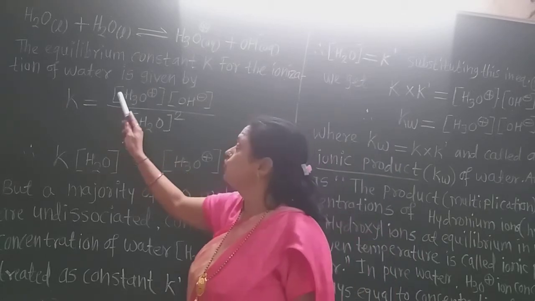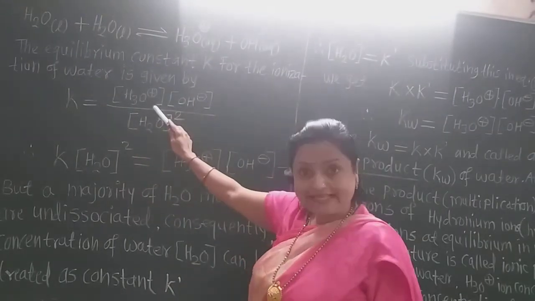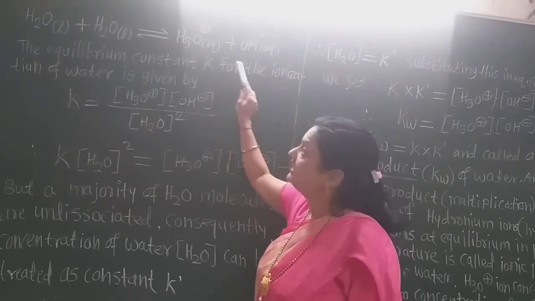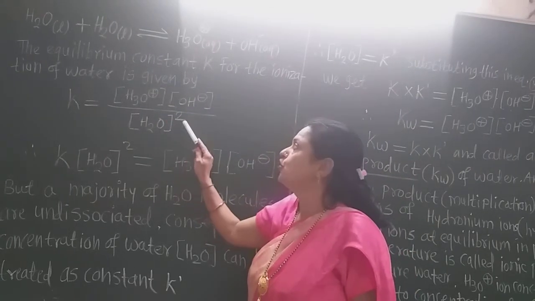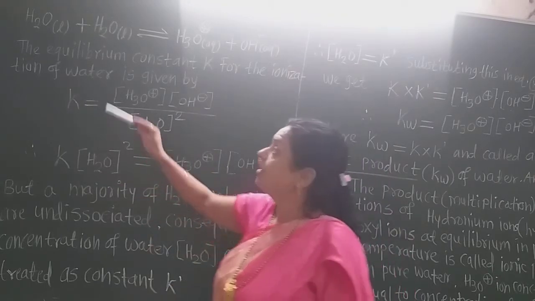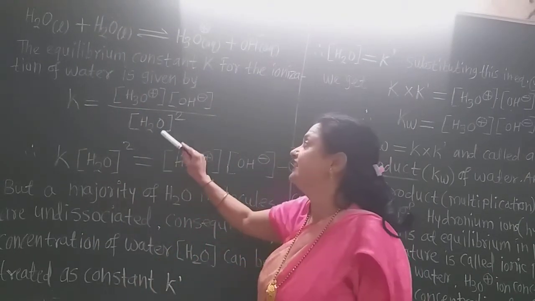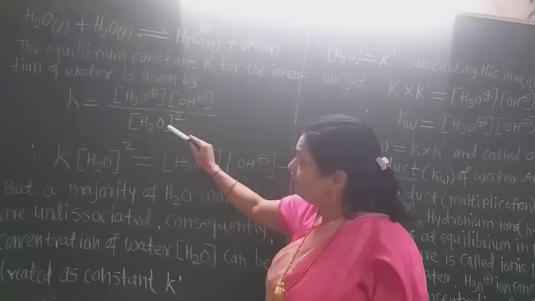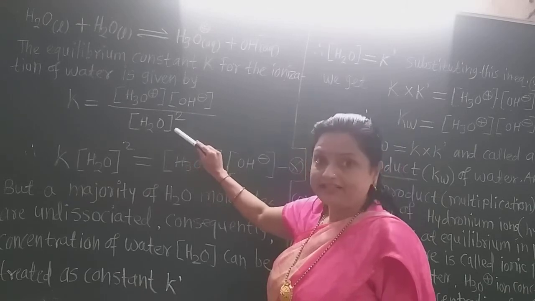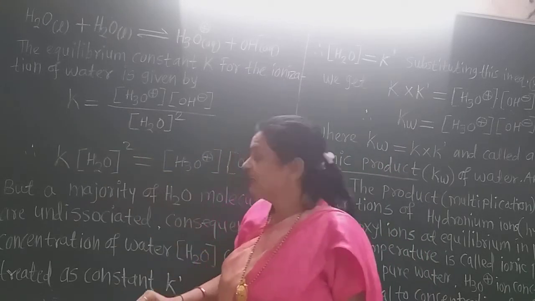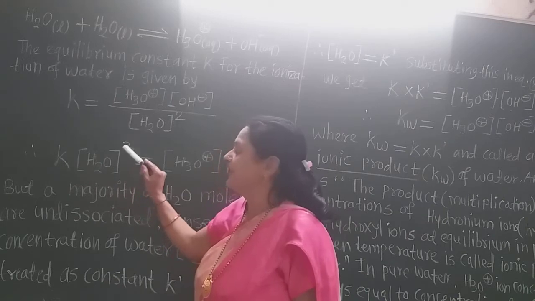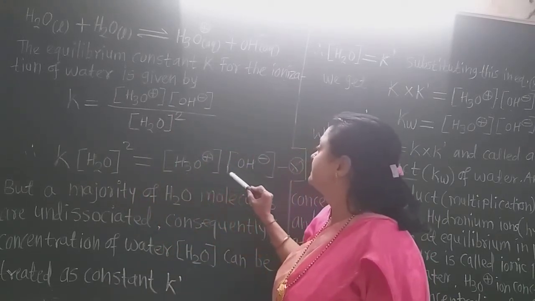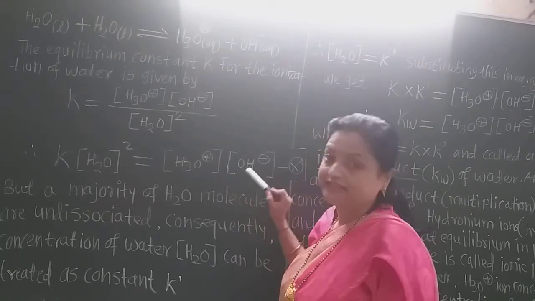So K is equal to concentration of H3O plus aqueous into concentration of OH minus aqueous divided by concentration of H2O bracket square, because there are 2 molecules of water. So we take here the square bracket of the concentration. Now if we take this H2O bracket square to this side, then K multiplied by H2O bracket square becomes equal to H3O plus concentration into OH minus ion concentration.